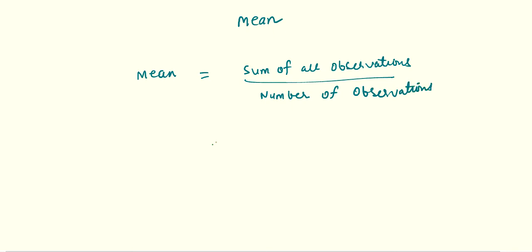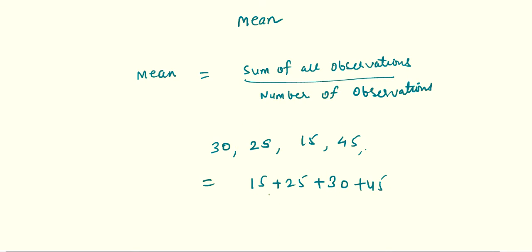For example, if you are having 30, 25, 15, 45, and now we want to calculate the mean of this given data. So sum of all observations means 15 plus 25 plus 30 plus 45 upon 4.